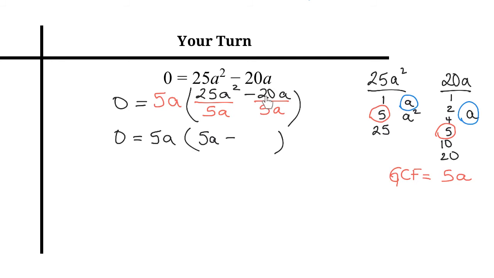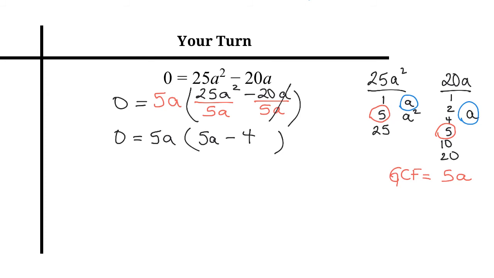Then we've got 20 divided by 5, which is 4. And then we have a divided by a. That's just going to cancel out, as we discussed in our previous example, so I'm going to cross that out. So our final answer is 5a multiplied by 5a minus 4.